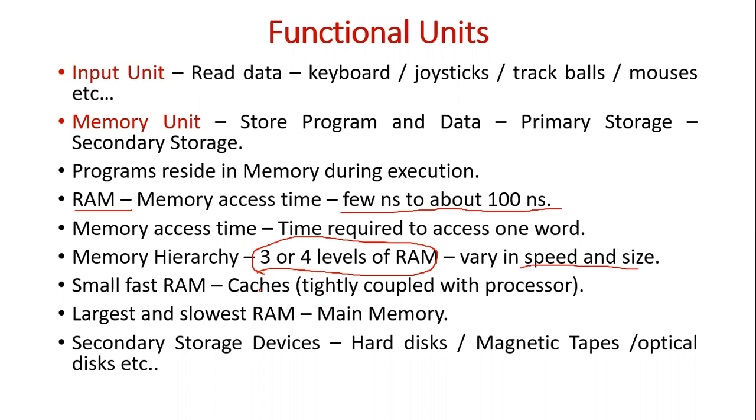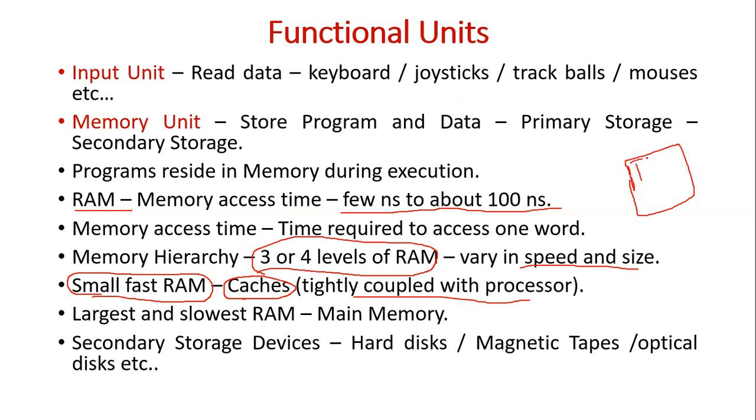The RAM which is smallest and fastest is called cache. These cache memories will be tightly coupled with the processor. Tightly coupled means they will be kept inside the CPU itself.